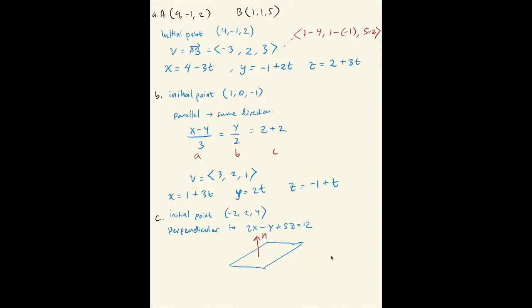Let's just say it's parallel, right? So our direction vector is parallel to the normal vector. Just use the same directions. So just use the normal vector as our v, the direction vector. So our v will be 2, minus 1, 5, okay? And then just use that direction vector to define the parametric equation. So x is minus 2 plus 2t, z is 2 minus t.